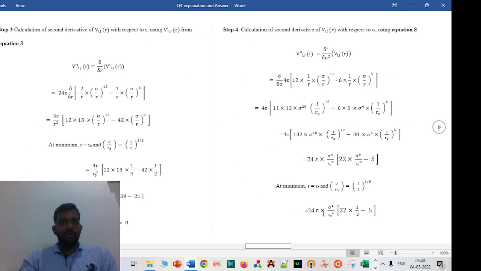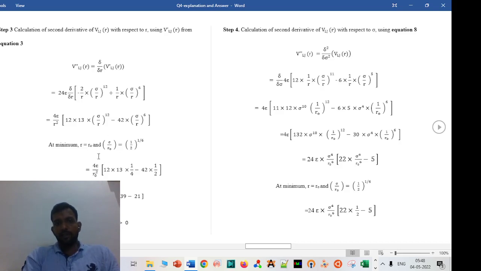Now we can also find out whether this represents a minimum or a maximum. For that you have to find the second derivative of the Lennard-Jones potential. You have already calculated the force, and if you do some more mathematics, it comes out to be a positive term.